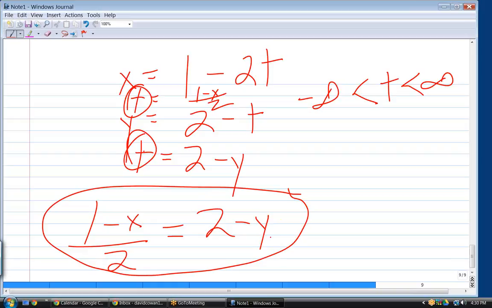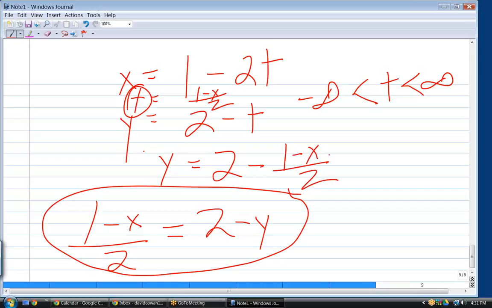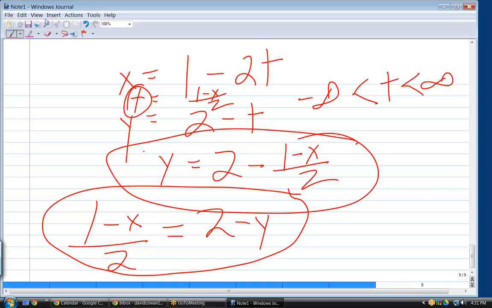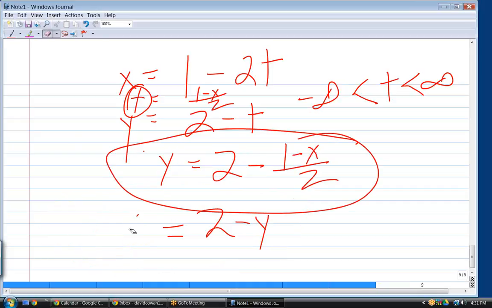In fact, I really don't need to solve the second one. If I solve the first one for t, then y equals, well, what is t? t is 1 minus x over 2. So there's my final equation. Actually, you get to it a little better if you don't solve both of them for t. Just solve one of them for t and then substitute.